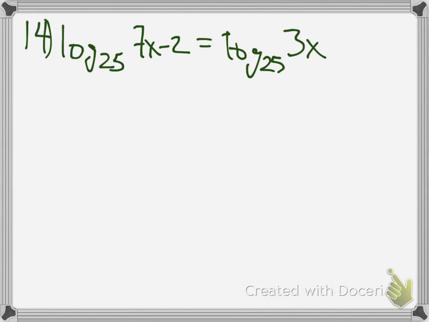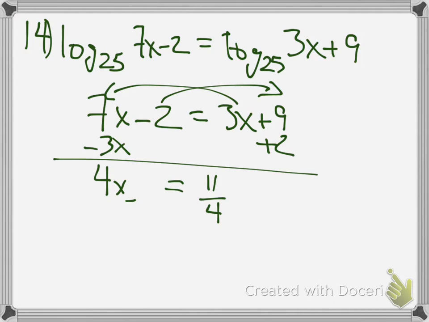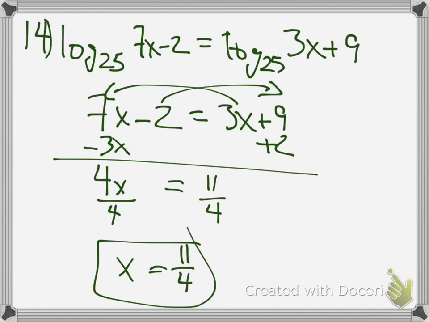Here's another version of that, but this time you get rid of the log 25 and say 7x minus 2 equals 3x plus 9. And again, variables to the left, numbers to the right. Subtract, add, divide, answer. So again, most of this should be fairly simple.